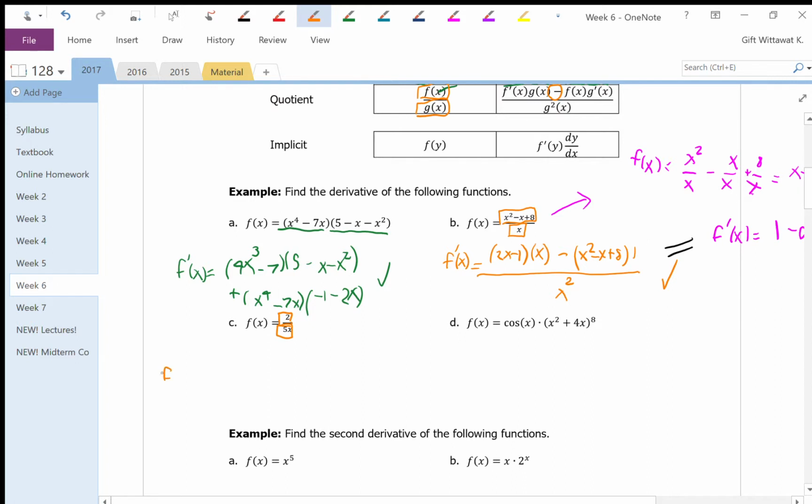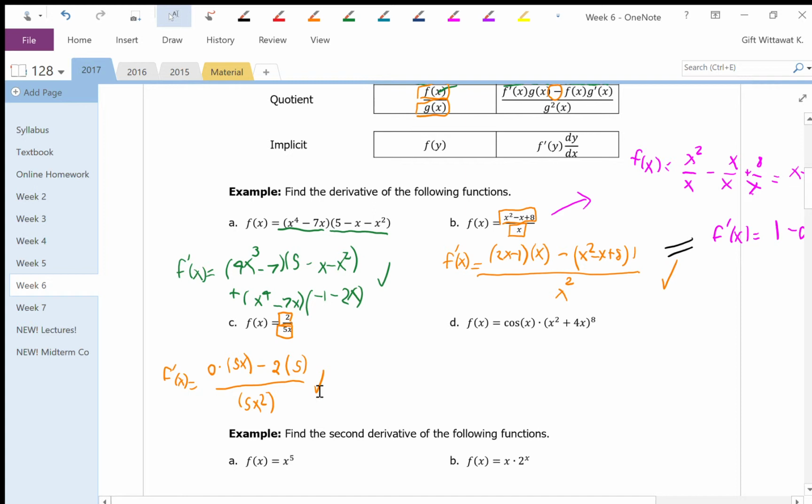The derivative of the top, the derivative of 2 by itself, is going to be 0, times the bottom, which is 5x, minus the numerator, which is 2, times the derivative of the denominator, which is 5. The whole thing over 5x squared. That would be my answer. So that's the derivative using the quotient rule.